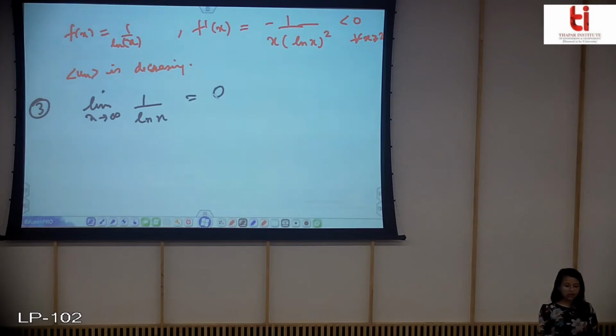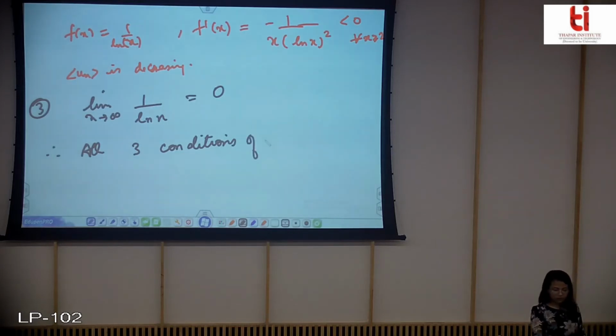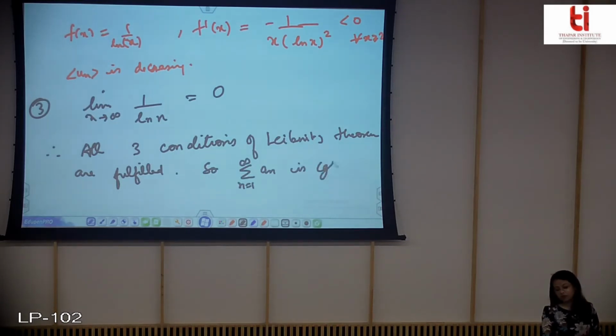Now you can easily see that this is equal to 0, and therefore all three conditions of the Leibniz theorem are fulfilled, and so the series is convergent. You have already proved that if all the conditions are satisfied, you can say that the alternating series is convergent. Now let us see another example.